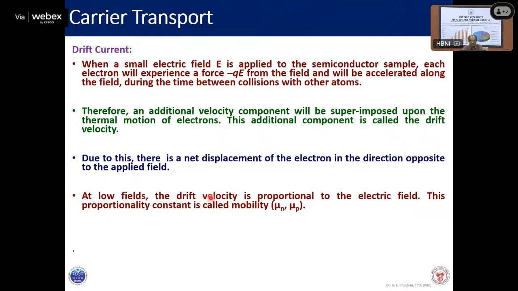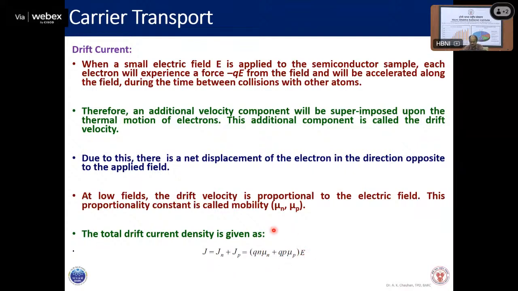This comes from the proportionality constant of how it is actually moving. So if I say the total drift current J, this is the charge on the electron or hole, this is the concentration of electrons or holes, and this is the mobility, multiplied by E, and then this is the total current.